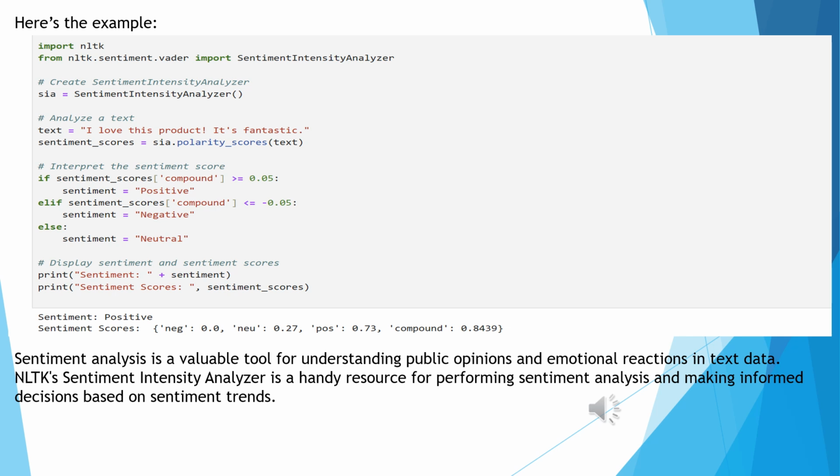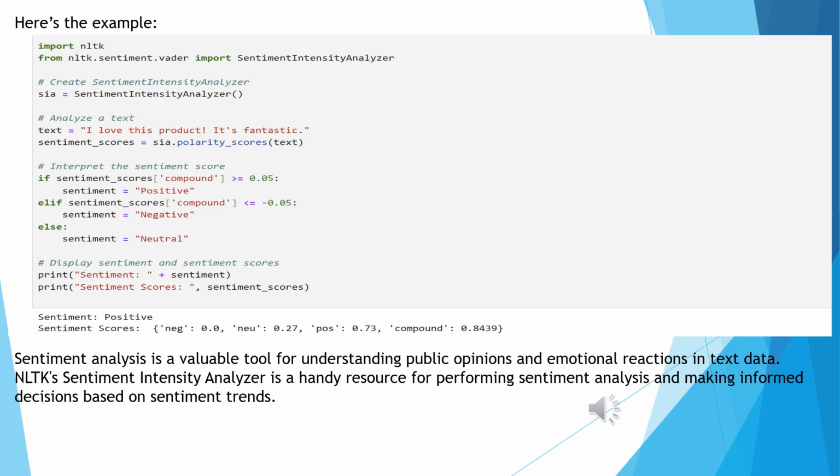Negative, represented as neg, is the probability of negative sentiment. In this case it's 0.0, indicating no negative sentiment. We have the probability of neutral, which here is 0.27 or 27%, and the probability of positive sentiment, which is 0.73 or 73%.